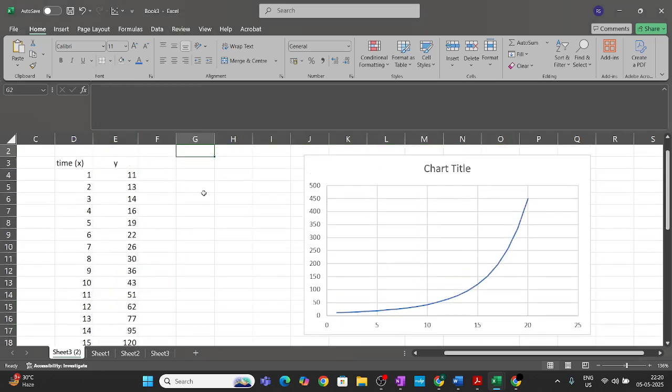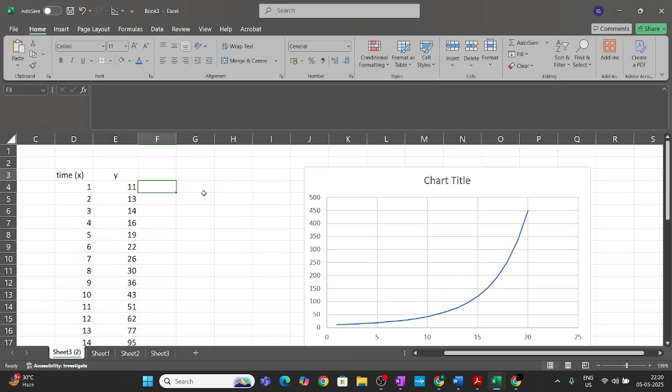Now what you do is ये y है ना, you take the natural log of y. See the ln of, now you've taken this.